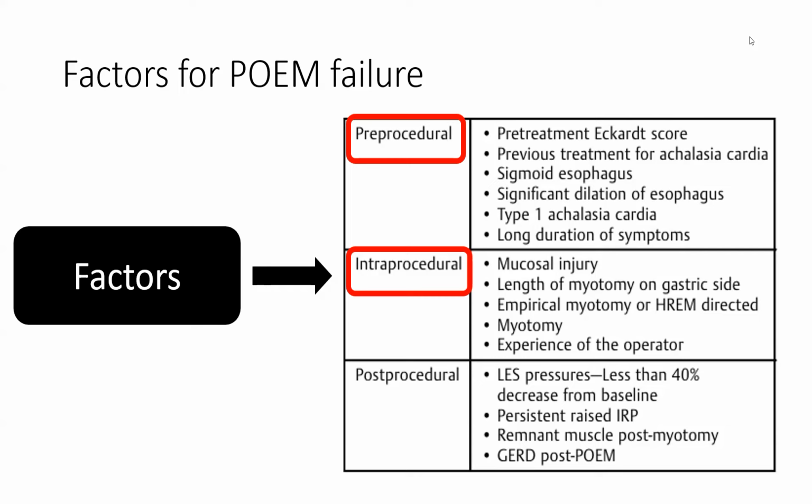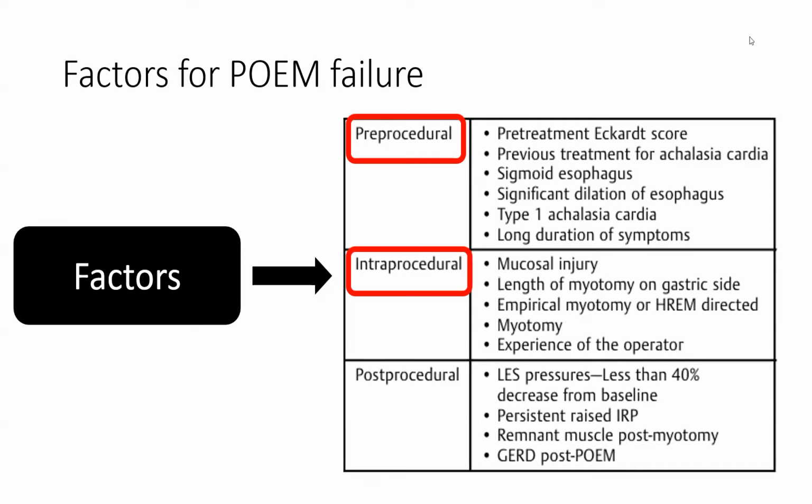Earlier, we used to do an empirical myotomy even for type 3 achalasia, and now we do more HREM-directed myotomy. Experience of the operator is something we need to understand; it's been said around 25 to 30 cases of POEM have to be done at minimum to have some level of competence, although there are debates on who you would call an expert.